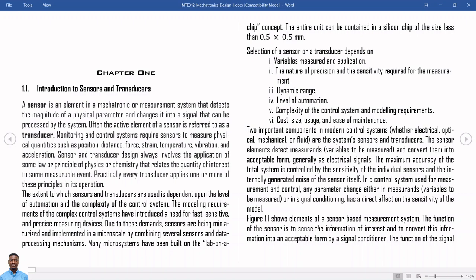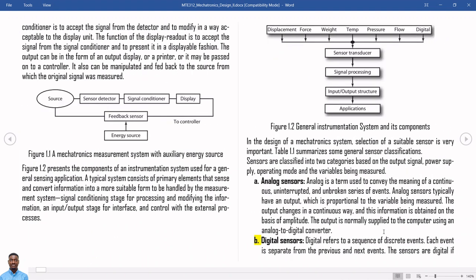So the function of the sensor is to sense the information of interest. Whatever information of interest that we have, the sensor senses that and converts it into information that is acceptable by the signal conditioner. The function of your signal conditioner is to accept that signal from the detector here and modify it into an acceptable form for the display unit, so that it can be displayed at the display unit here, so that a human being can understand what is being measured.